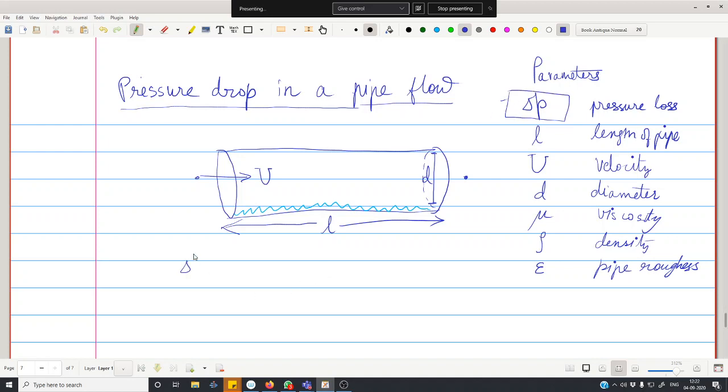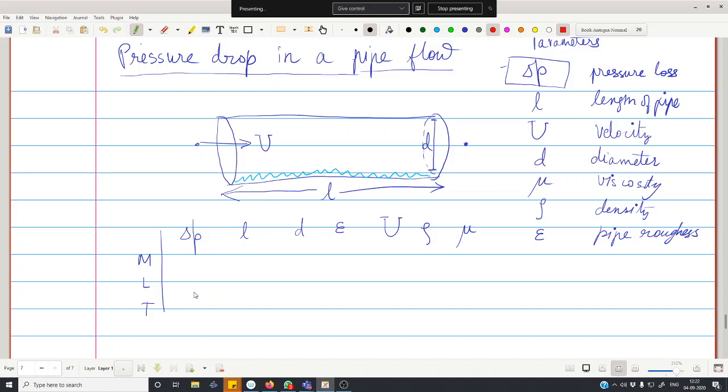So let us form the dimension matrix. Let us write all the terms down. Pressure, what is the dimension of pressure? 1, minus 1, minus 2. Length: 0, 0, 1.